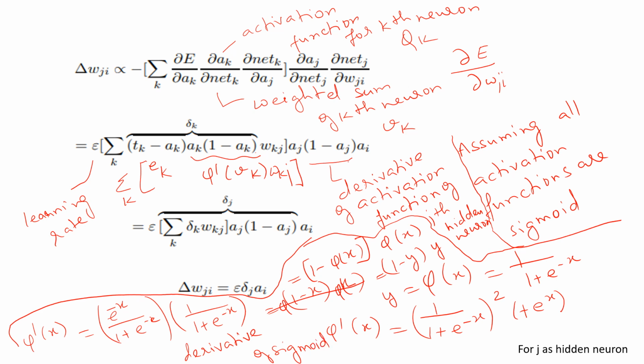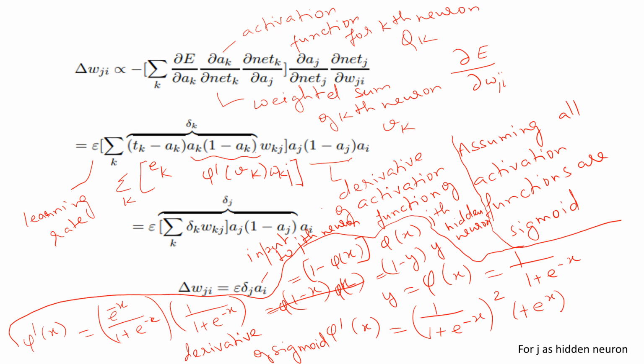Okay, so this is my learning rate, local gradient into the output of the ith neuron. This is not input; it is the input coming to the jth neuron from the ith input neuron.